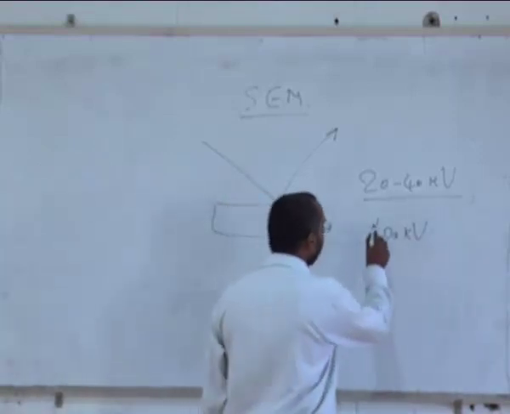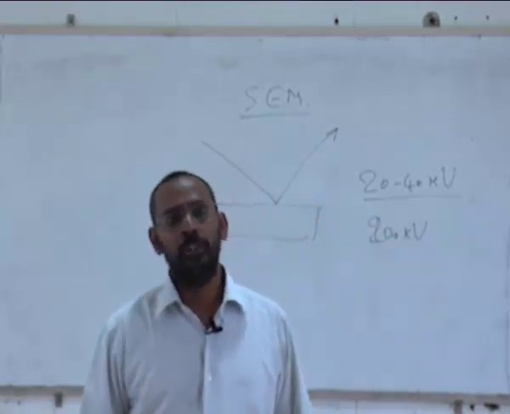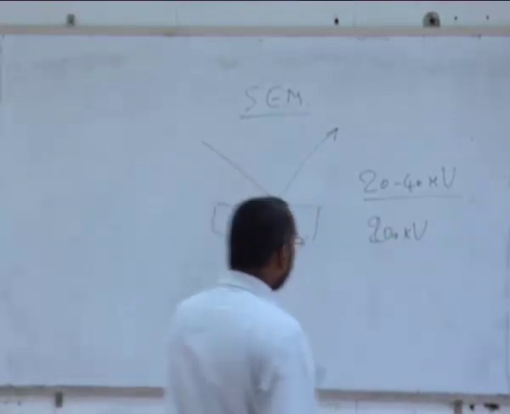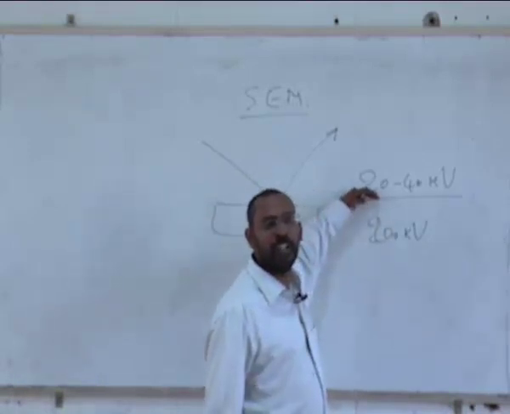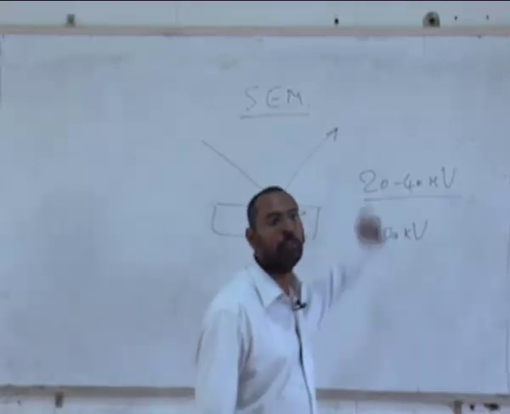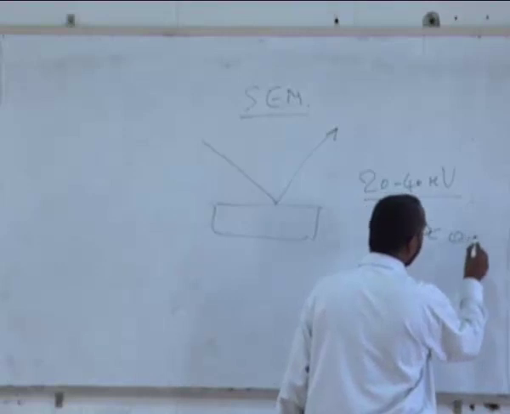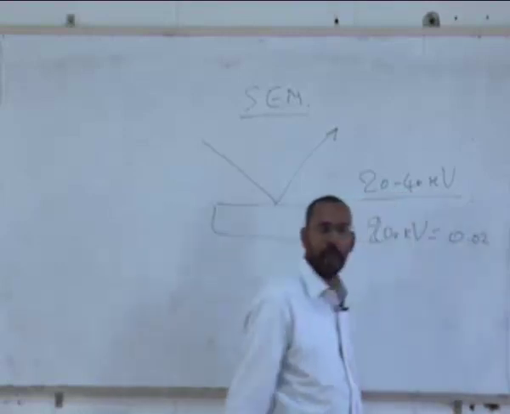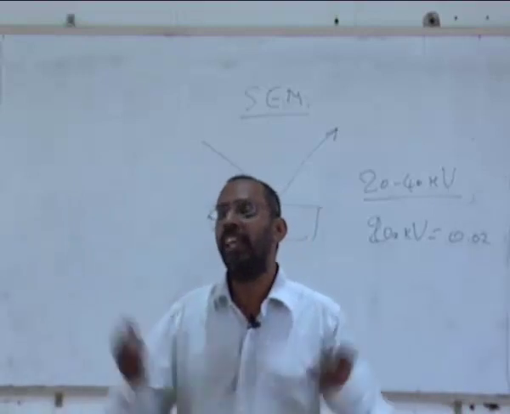So it's almost like 200 kV as a norm. At 200 kV, what you get is significantly different from what you get at 20 kV in terms of lambda. Lambda will be much smaller here when compared to this, almost 1 order of difference. So at 200 kV, if you are getting 0.02 as a lambda, you will not be able to get that at this, so you get a higher lambda.